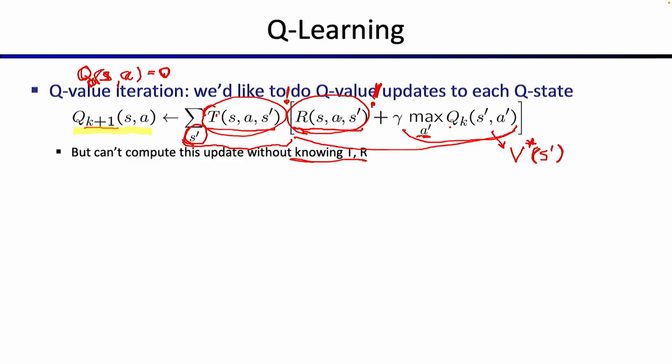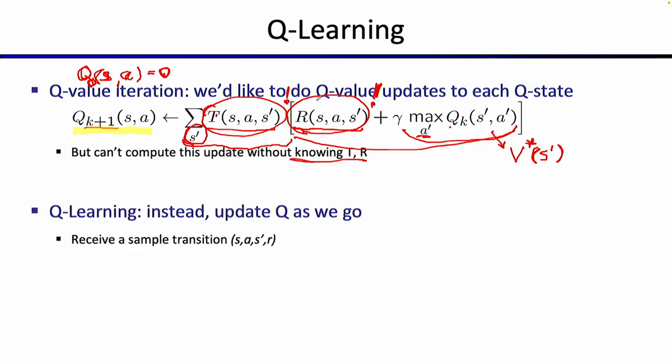So we could do this in solving offline MDPs, but we cannot do this in reinforcement learning. So what we've done instead was to update a Q function as we go. We act in the environment, and we only receive one sample transition from the environment. So let's say we're in state S, then we took action A. The environment landed us in some new state S prime and gave us a reward R.